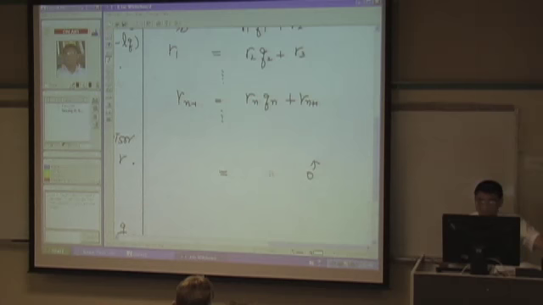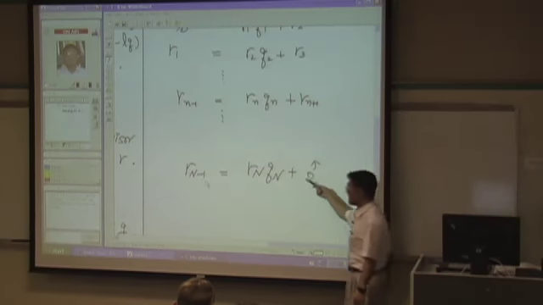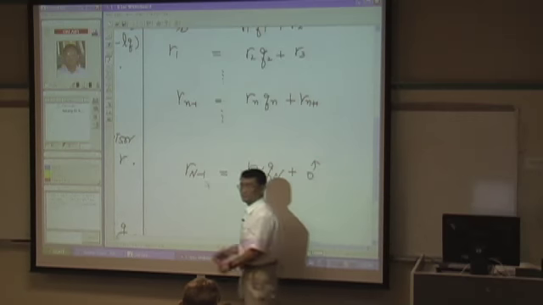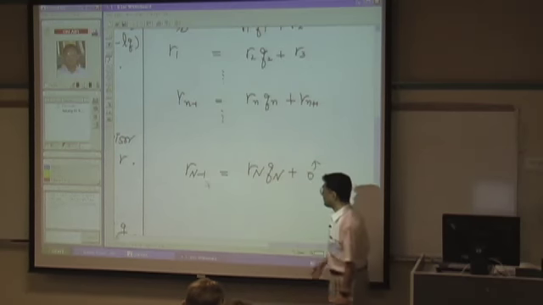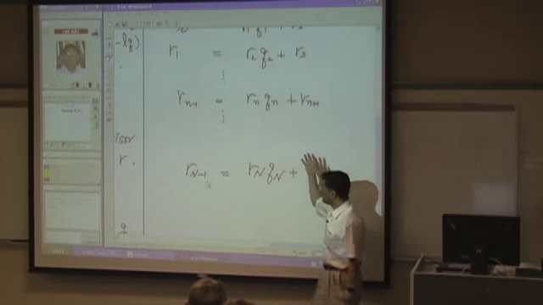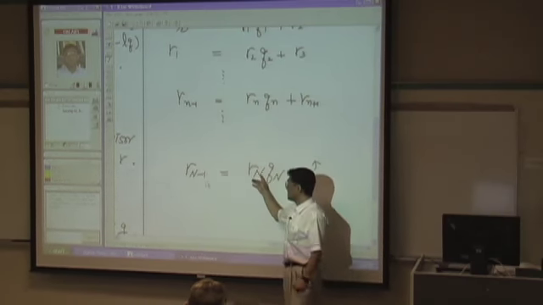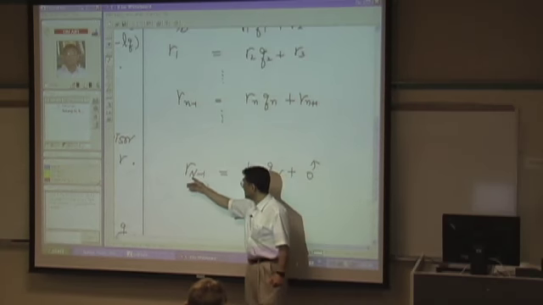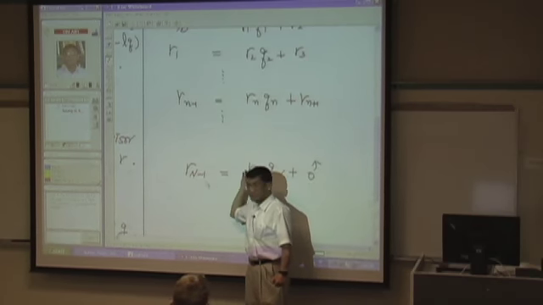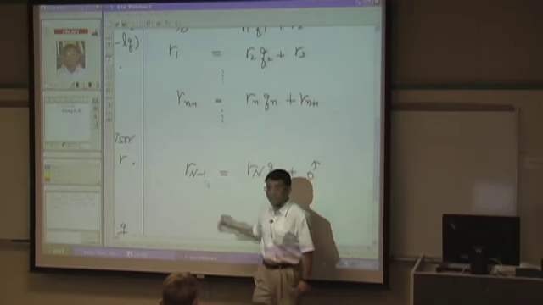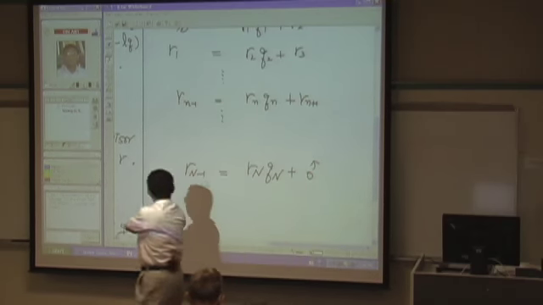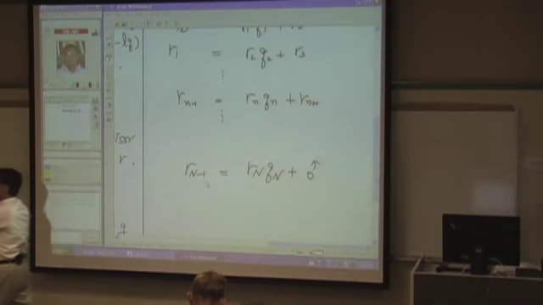After some steps, R(N-1) equals Q_N R_N plus 0. So somewhere, this will happen. It cannot continue forever. Somewhere it should become 0. In other words, the GCD of Rn and R(n-1) is, in this case, what? R sub n. So this will happen. Do you follow me or not?